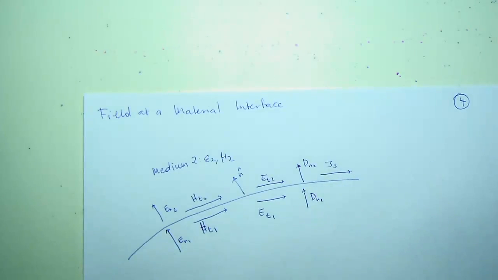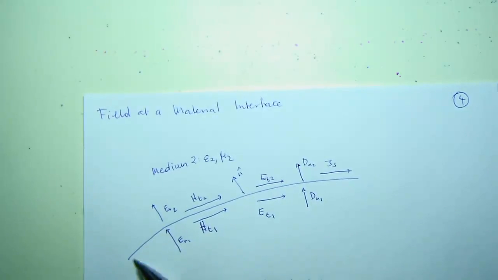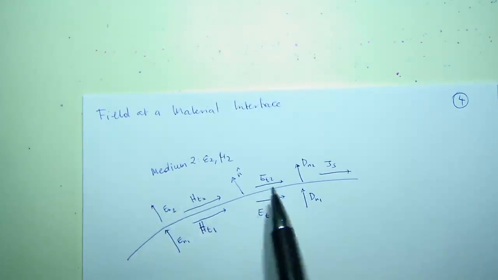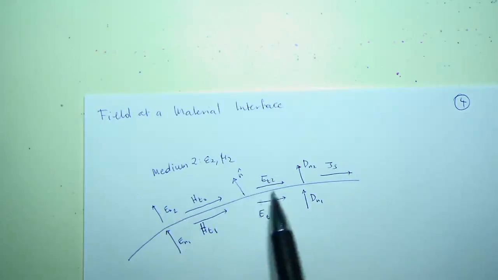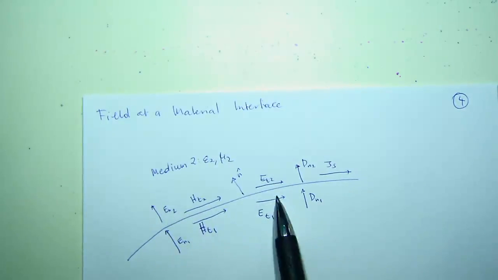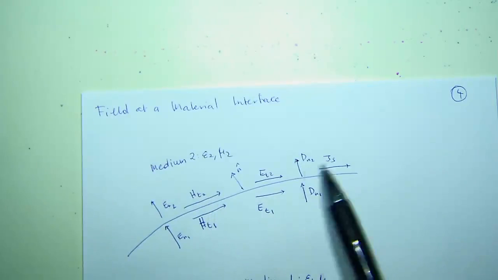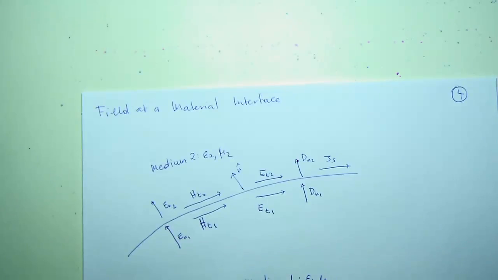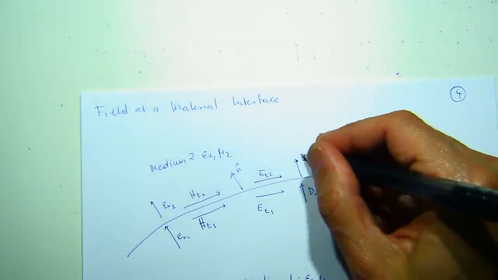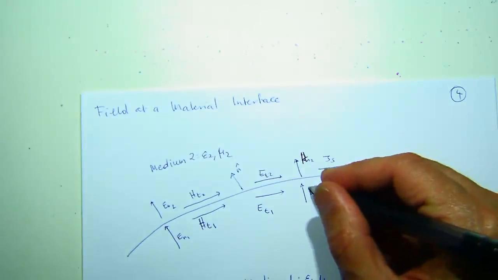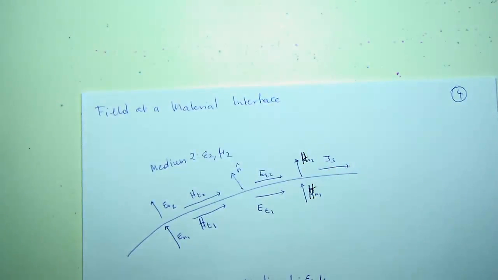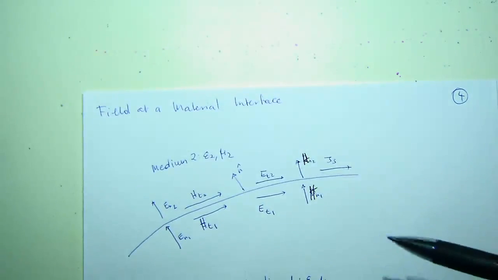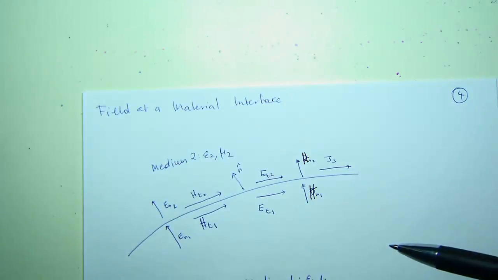On this arbitrary surface I've drawn the tangential and normal electric field components, and also, sorry, I should have labelled this B or H, the tangential and normal magnetic field components.